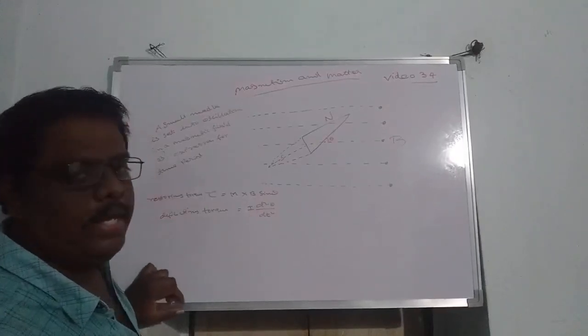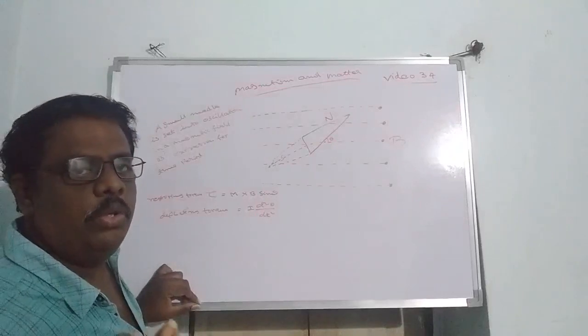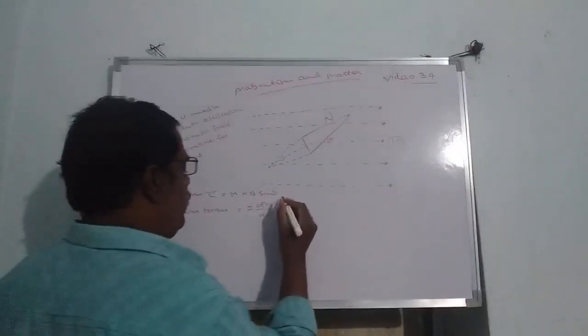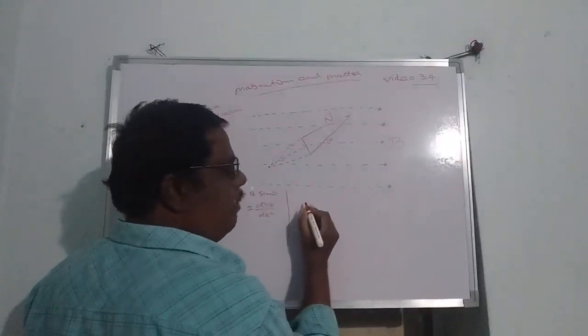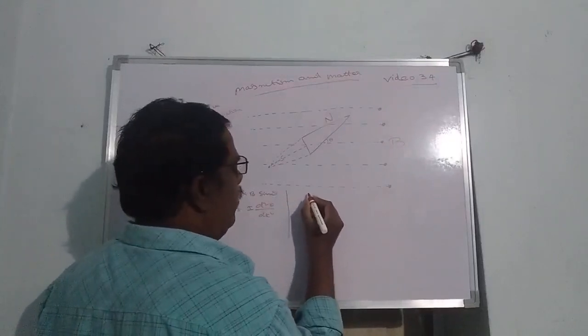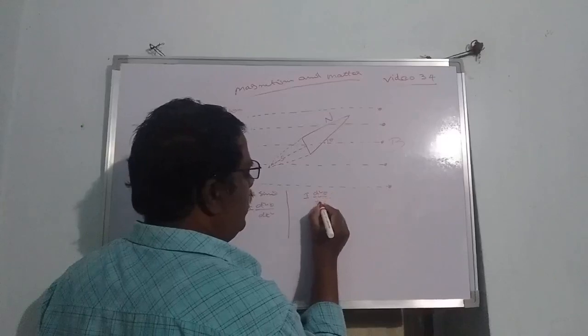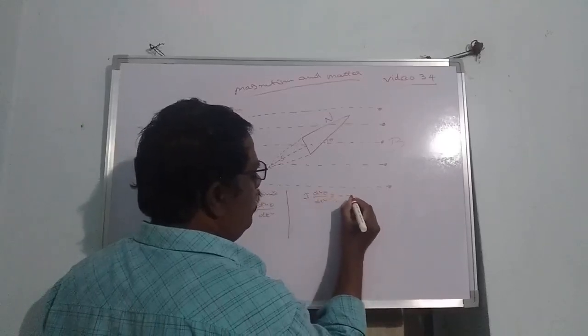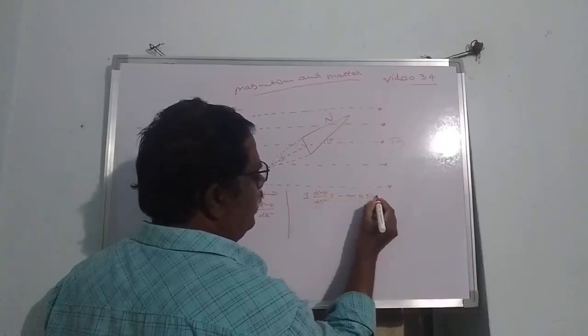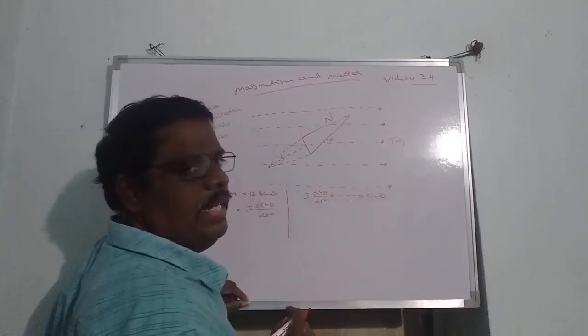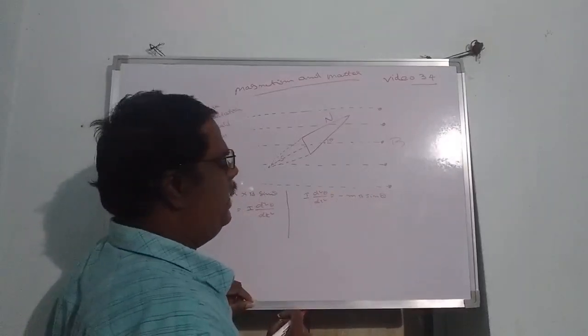At equilibrium position, both are equal and opposite. That means deflecting torque will be equal to restoring torque. That means I d square theta by dt square is equal to minus MB sin theta. Here the minus sign indicates opposite direction.